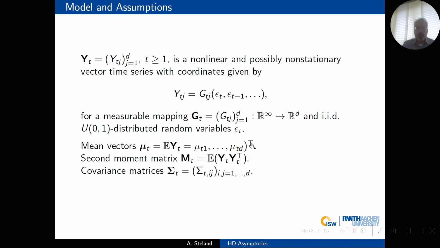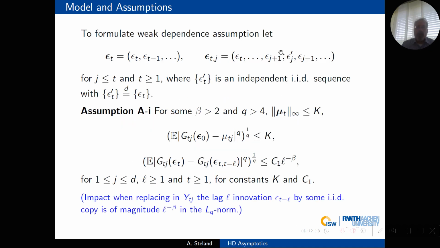So my notation for the mean vectors is mu t. The notation for the second moment matrix is M_t, and the notation for the covariance matrices is sigma t. Yes, we need a weak dependence assumption which limits the amount of dependence between different time points, of course. And that is introduced via bold epsilon t.